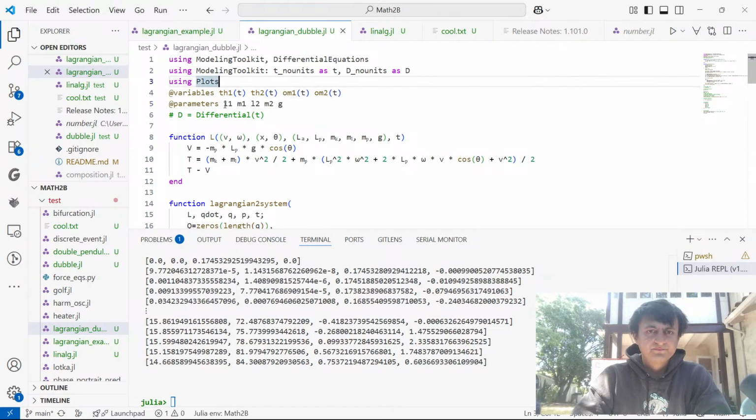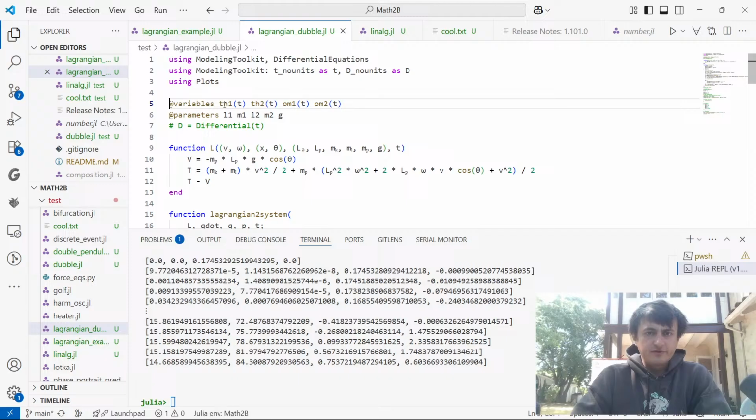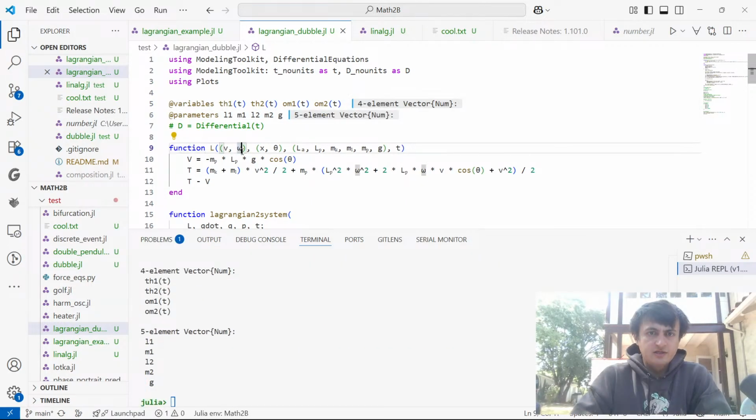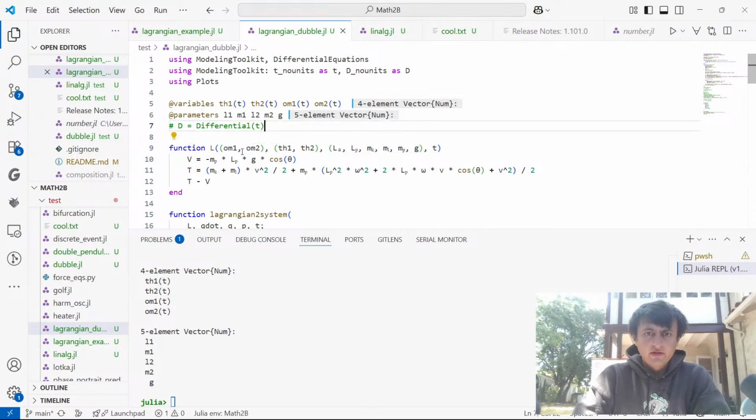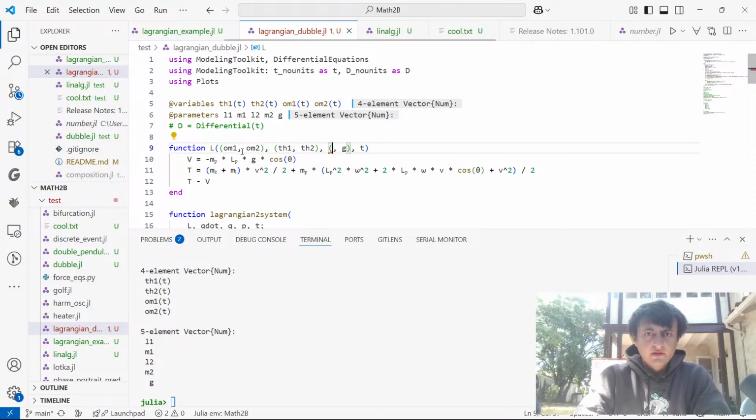Okay, so we have this. Now this needs to be ohm1, ohm2, theta 1, theta 2, and then here, this is just going to be L1, M1, L2, M2.